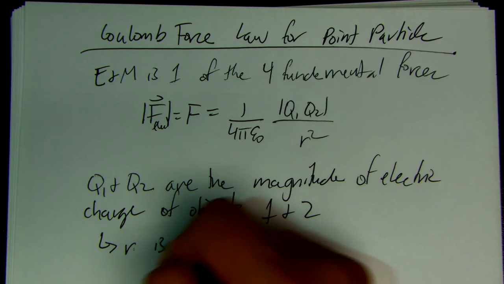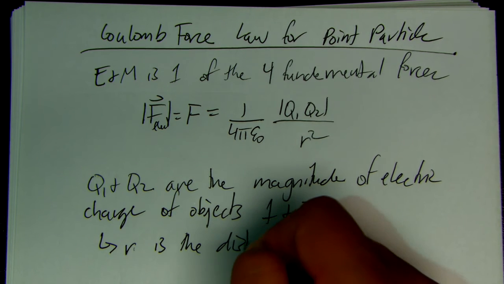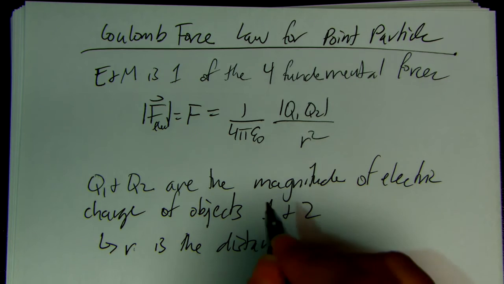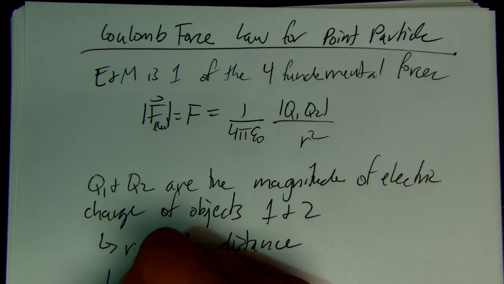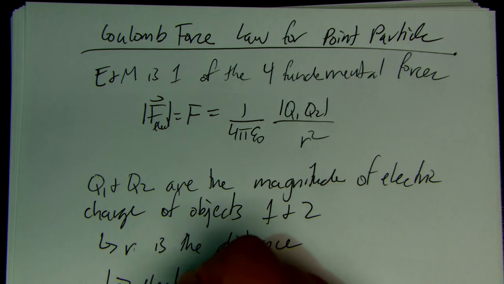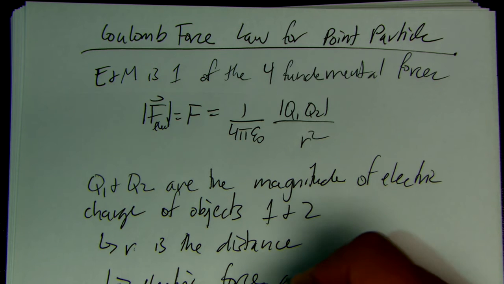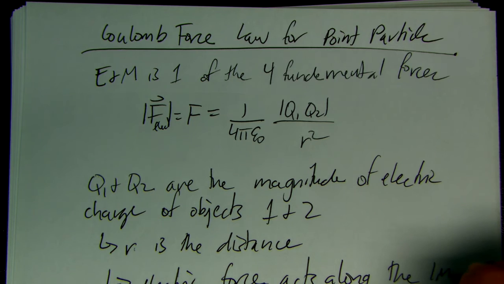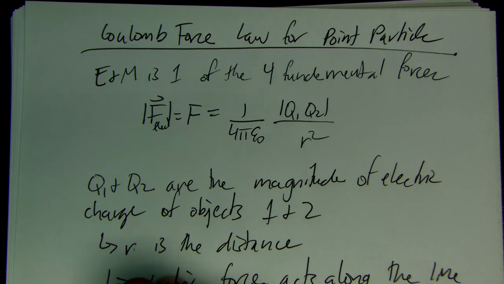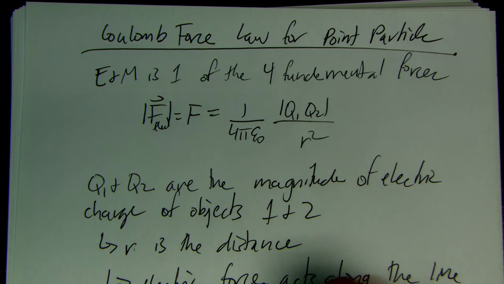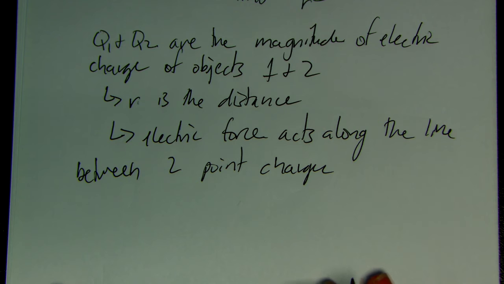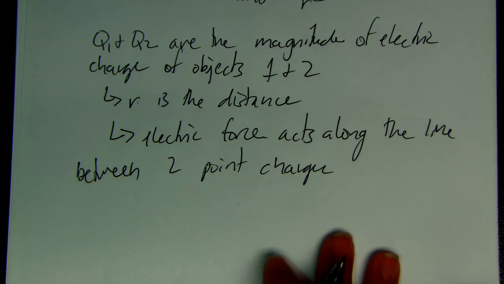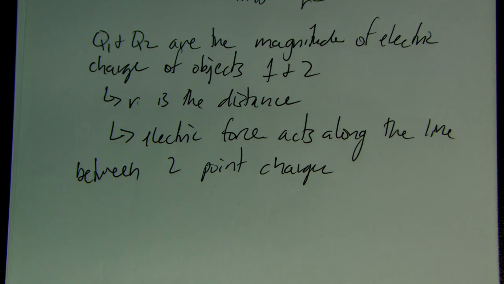R is the distance, which is always a scalar quantity. And the electric force acts along the line between the two charges, just like gravity. So gravity would act on that line between the star and the planet, for example.